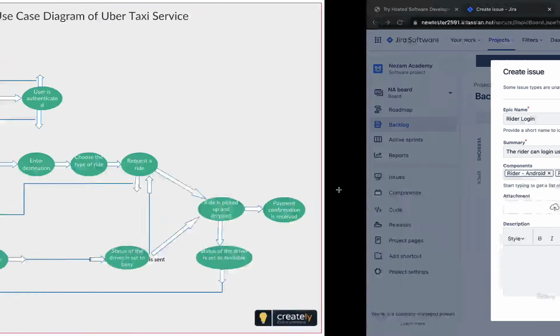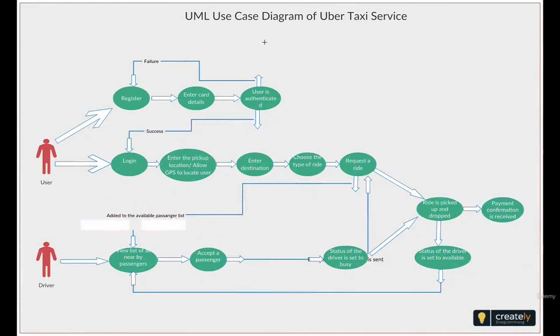So for example, I have here a UML use case diagram of Uber service. This would be useful for each person in the team, for the developer, the tester, the designer, and any other person. Here, for example, the user registers, enters the car details, logins, enters the pickup location, then enters the destination, chooses the type of ride, and requests a ride.